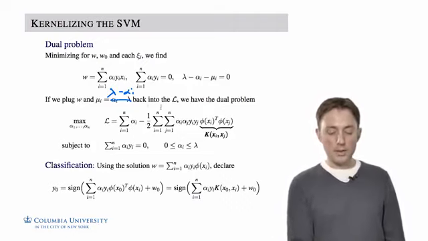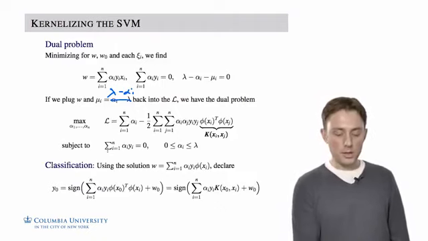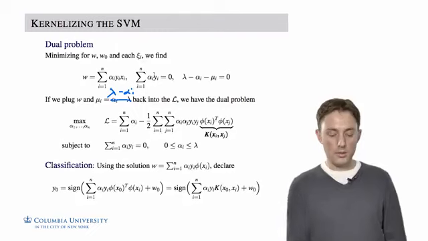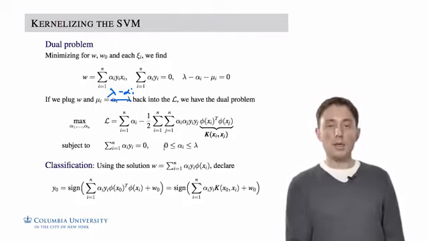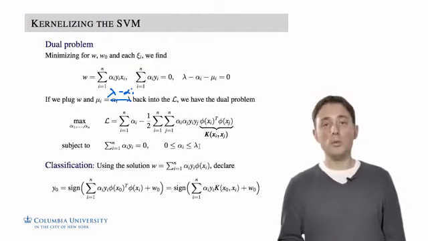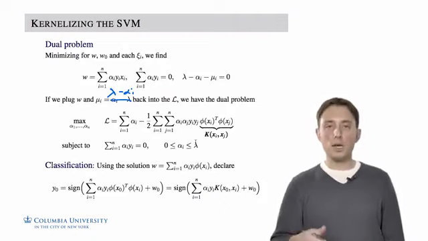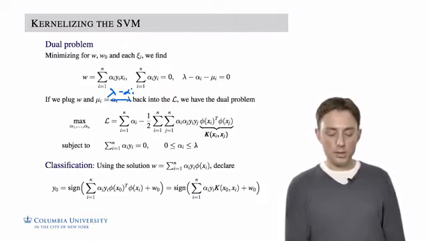So actually, we have exactly the same maximization problem over alpha, subject to this constraint, which comes from this requirement here, plus an additional constraint that alpha I has to be greater than 0, which is as before, but now less than lambda, which is the new thing. And so this is all that's new with the SVM including slack variables, this lambda term here. That's the only difference. Now alpha I has to be less than lambda as well.